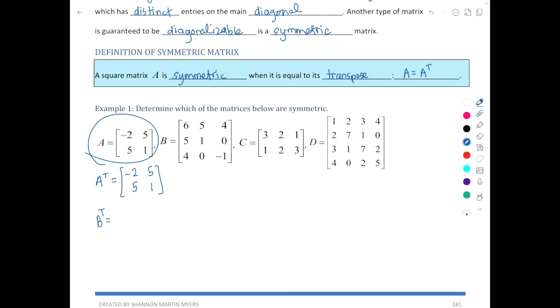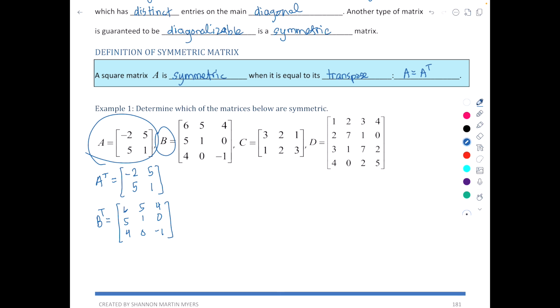B transpose is equal to, doing the same thing, writing the first row as the first column, second row as the second column, and third row as the third column. And yes, B equals B transpose. C is not, because it's not square, right? So it can't be. So C will not be symmetric.